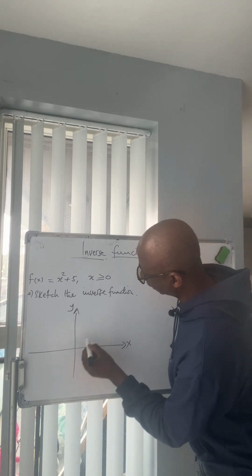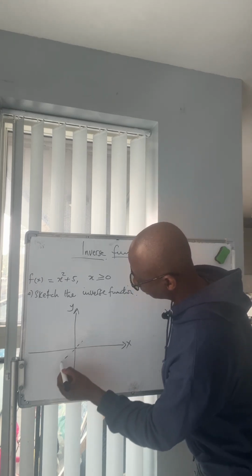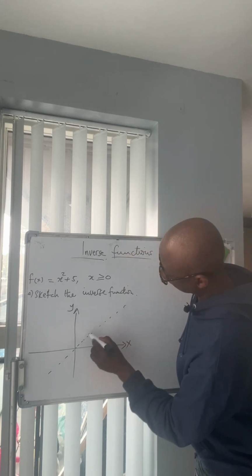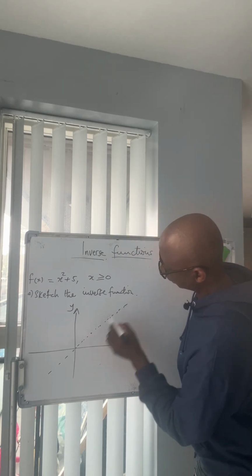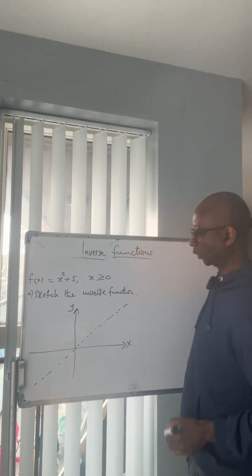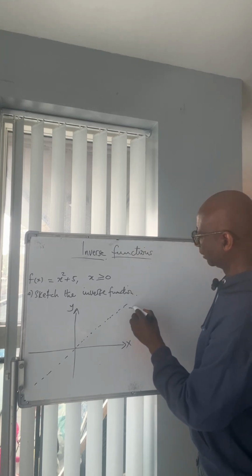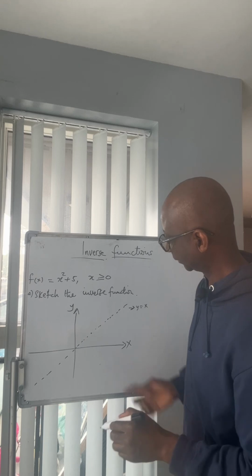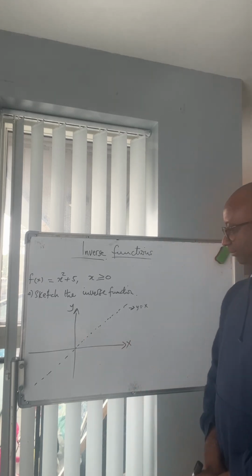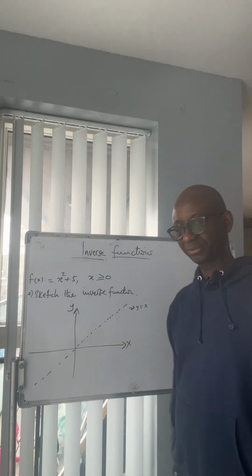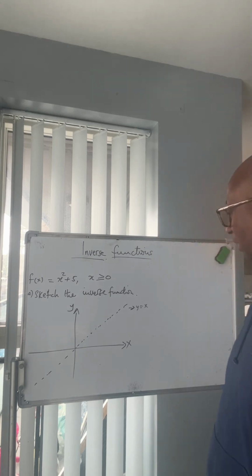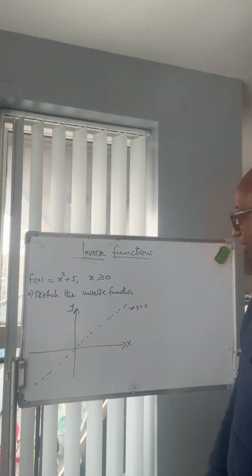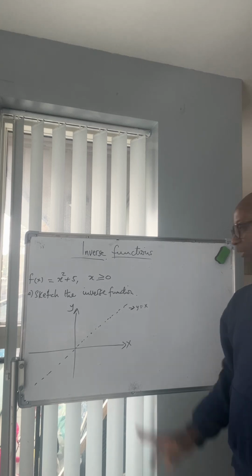If you draw a straight line in the middle here, you all know that this line is y equals x. They are equal. Y increases as x increases, or x increases as y increases in value. It goes through the origin. This is a straight line, y equals x.